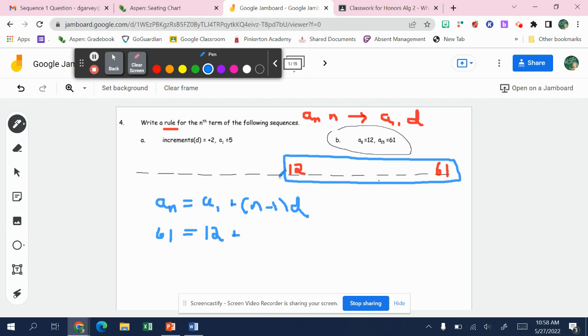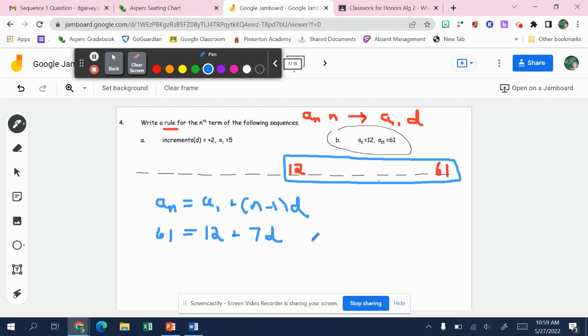My n will be, well, I've got 1, 2, 3, 4, 5, 6, 7, 8 things. Or if you notice, if I take 15 minus 8, I'm going to get 7, because that tells you the number of differences. So I can either subtract them and know that that's n minus 1, or subtract them and add 1 and know that that's my n. So n minus 1 will be 7, and I don't know d, so that will be my variable.